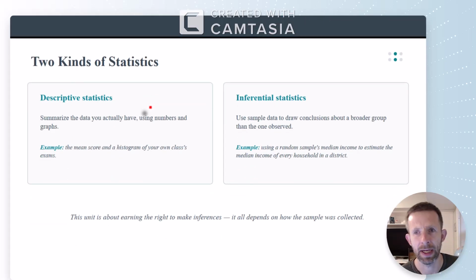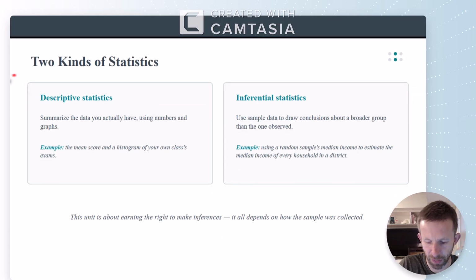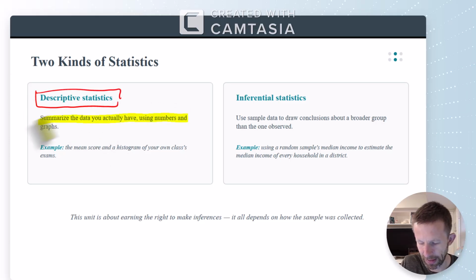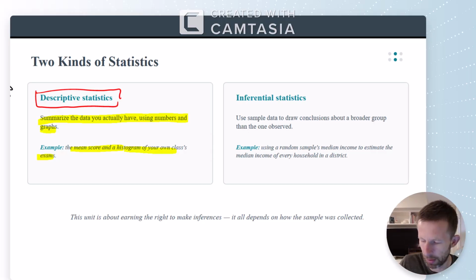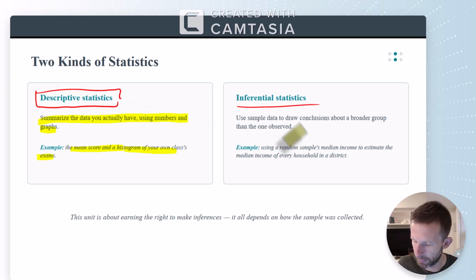So, two main kinds of statistics. So far, we've been talking about descriptive statistics, which are just statistics that you use to summarize a data set. For example, if I have a class roster, I can talk about the average of my class on a certain exam. The other type is inferential statistics, where you use a sample to draw conclusions about a broader group.